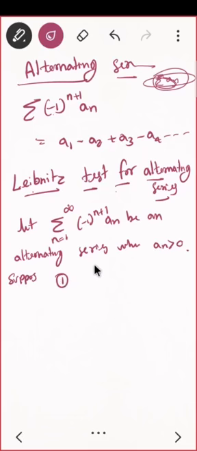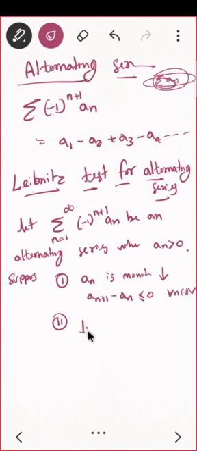The first condition is that a_n is monotonic decreasing. What do you mean by decreasing? That means a_(n+1) minus a_n must be less than or equal to 0 for all n belonging to natural numbers. This is the first condition you need to check. And the second condition, find the limit n tending to infinity of a_n, whether this is 0.